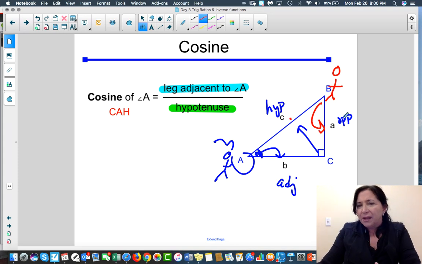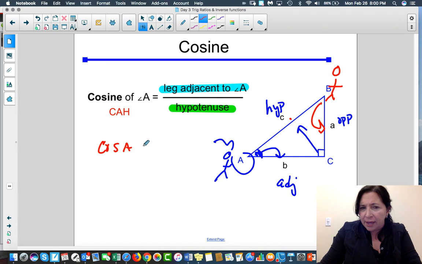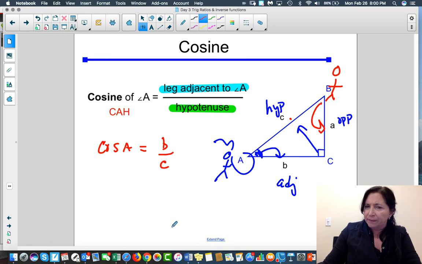So it depends on where you're at. If I'm talking about cosine of angle A, this is the only angle I'm talking about. So cosine of angle A is going to equal the adjacent side, which is b, over the hypotenuse, which is c.